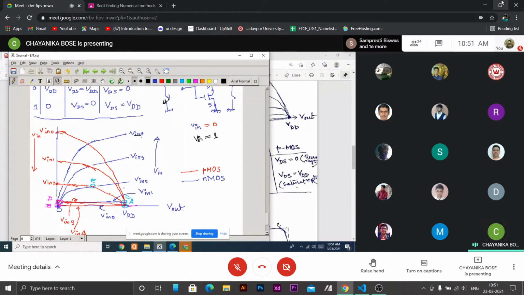And the point of intersection of this red curve and the blue axis is just at V out equal to VDD. So at this point, current will be 0.